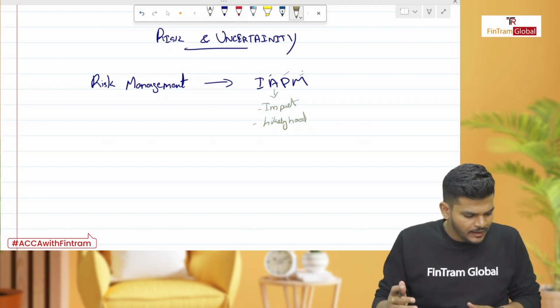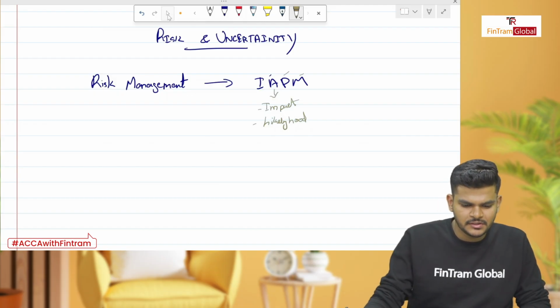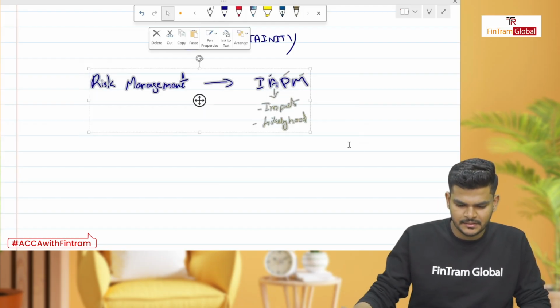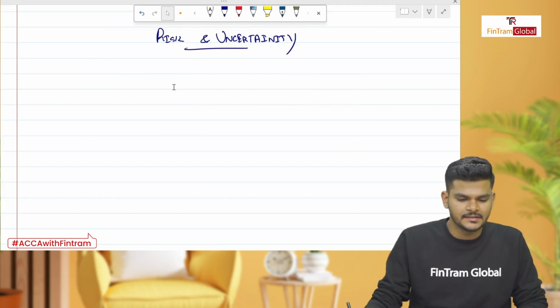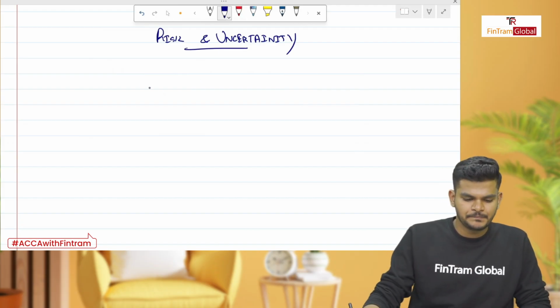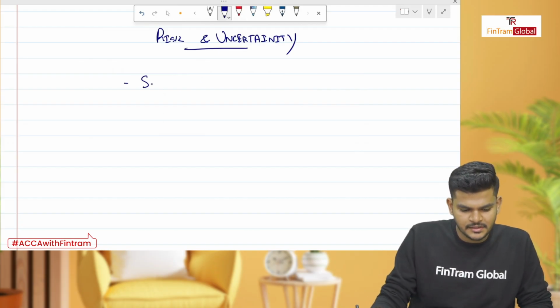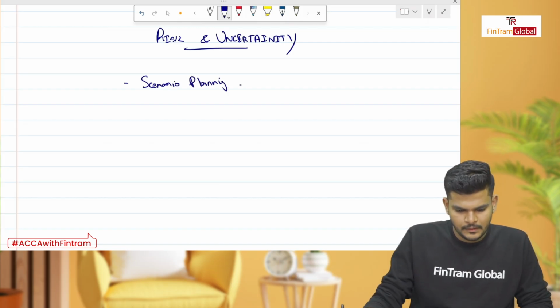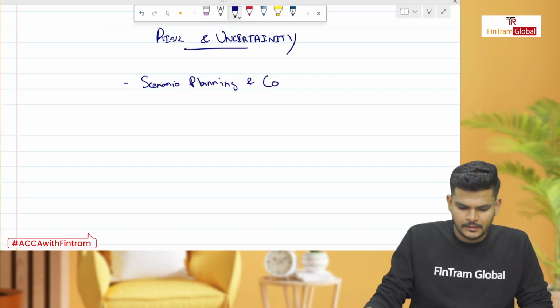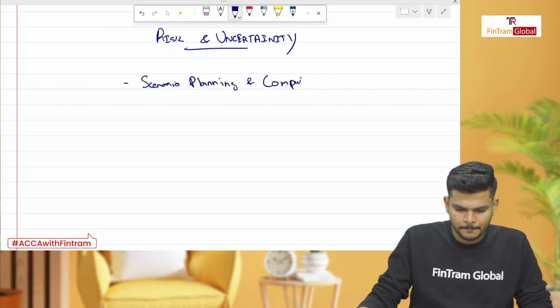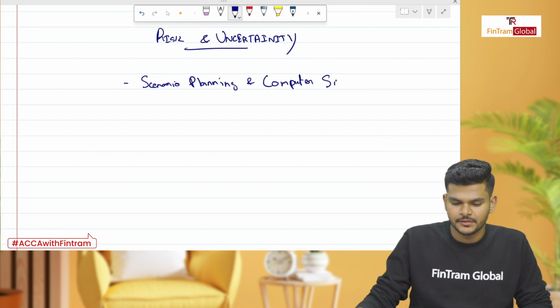Now, other than risk management, there are a few tools which we have to learn about when it comes to assessing risk and uncertainty. So what are these tools? Well, first of all, there is something known as scenario planning and computer simulations.